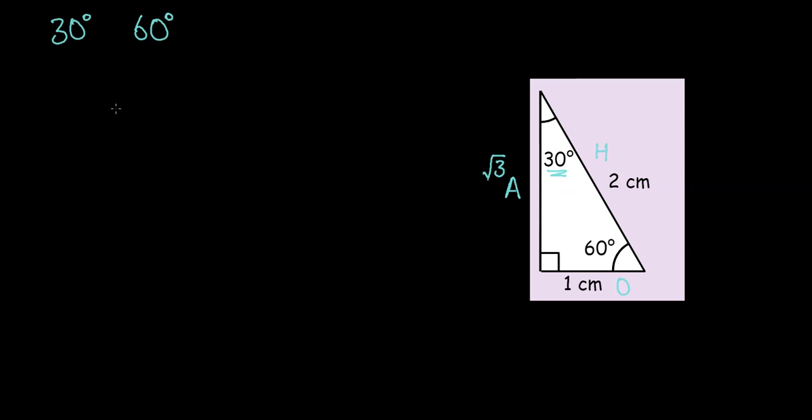Let's deal with this 30 degrees. Sine first, so sine of 30 equals our opposite, which is 1, over our hypotenuse, which is 2. That's nice and easy, that's just a half. Then let's look at cos of 30. So cos of 30 is our adjacent over the hypotenuse. And let's just leave it at that, root 3 over 2.